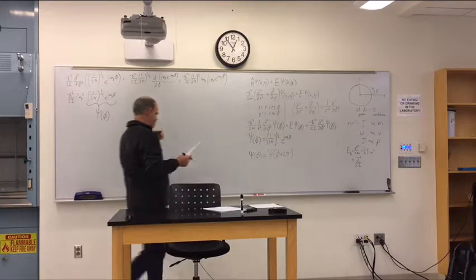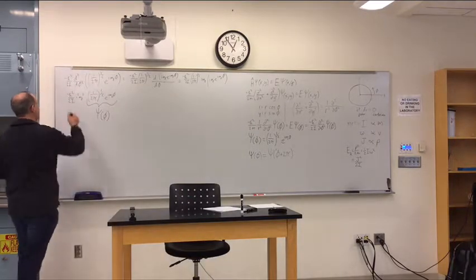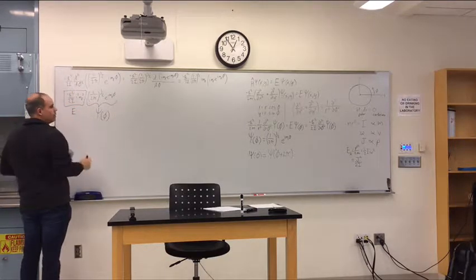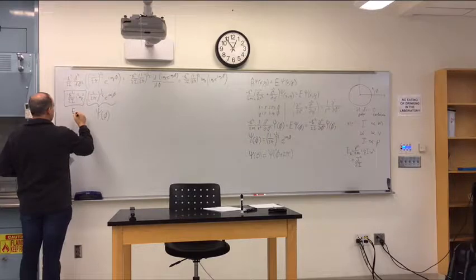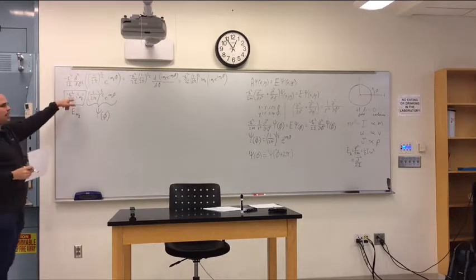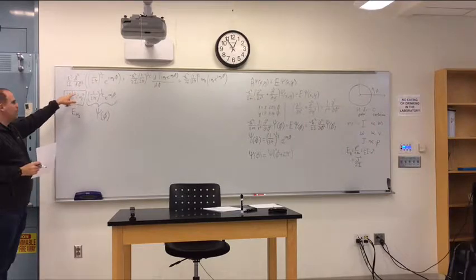Okay, before we do that though, this part here, that is E, the energy for the m l value. This i is squared, and so i squared is minus 1, that cancels out this negative.